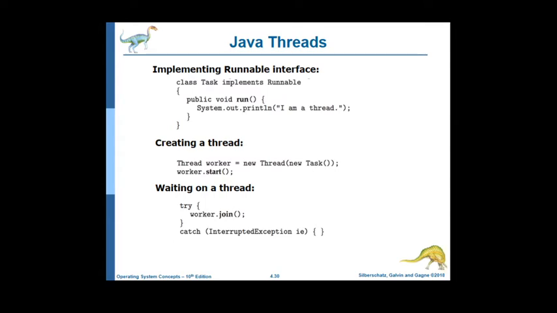Invoking the start method for the new Thread object does two things. First, it allocates memory and initializes a new thread in the JVM. Second, it calls the run method, making the thread eligible to be run by the JVM.